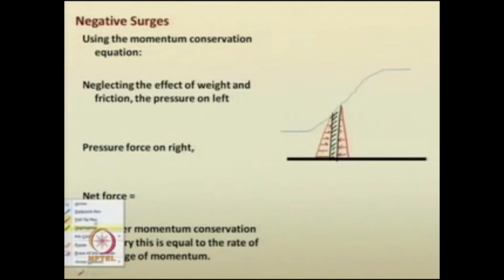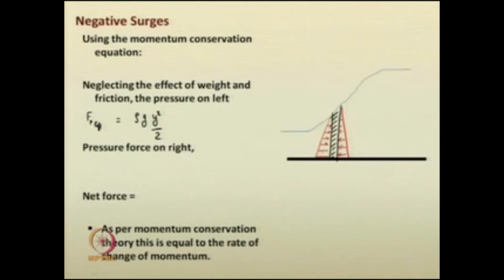The pressure force on the left, F P left, for a rectangular channel is rho g y squared by 2, because y by 2 is the depth from the surface of the water to the centroid of that area.